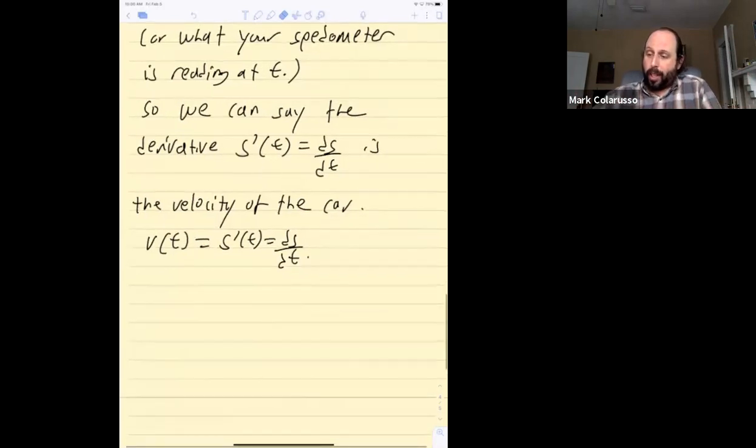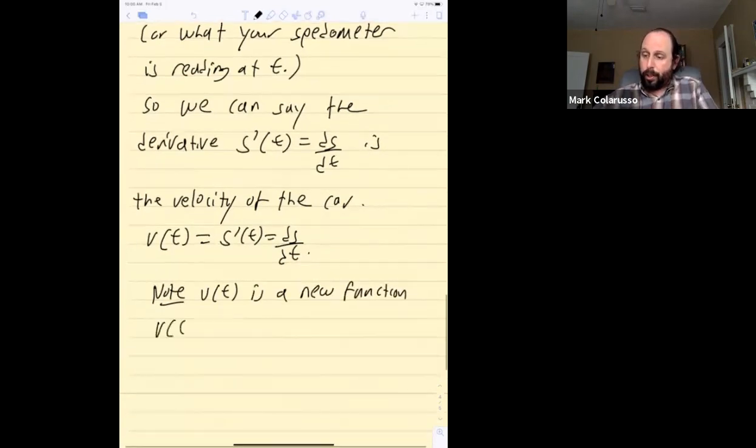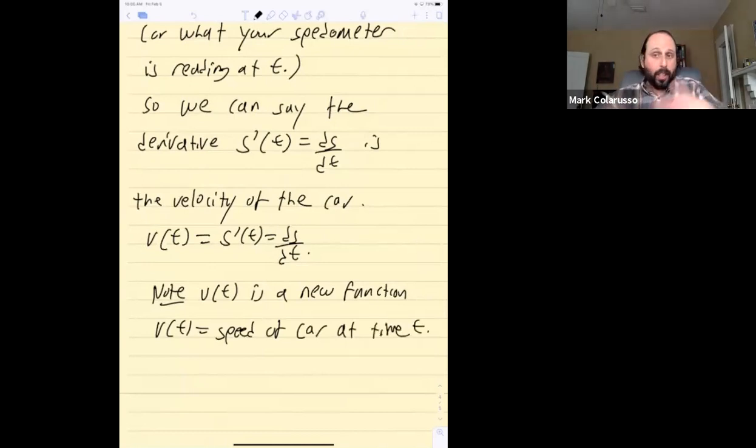At any point t, you can think of this v of t as a new function. V of t is the speed of the car at time t. You just input the t, and it gives you the reading of the speedometer.